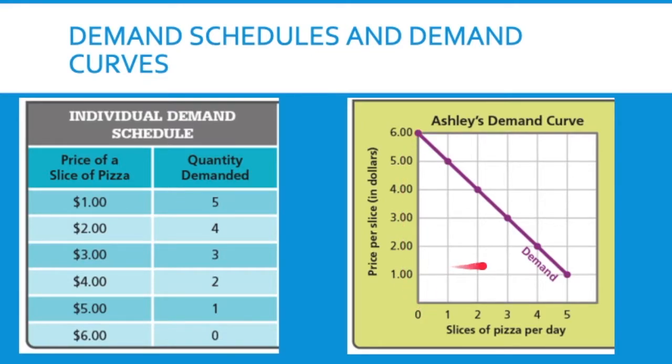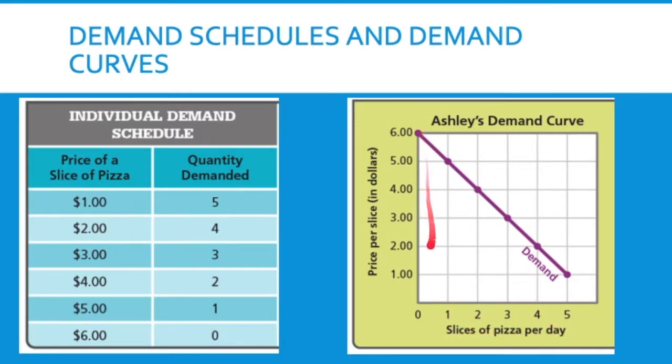We have $6 and zero quantity. Whenever we graph, on the y-axis we put price per slice, and on the x-axis we put quantity demanded. That's the way we do all graphing: price always goes on the vertical axis, and quantity always goes on the horizontal axis.